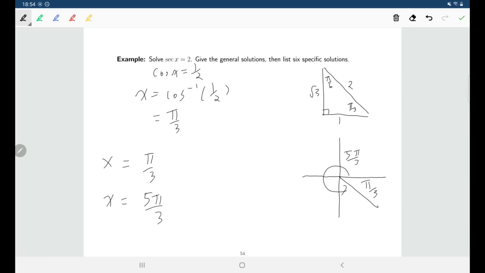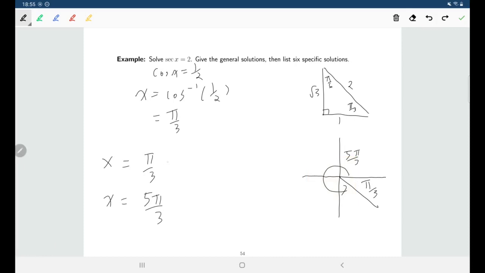And of course, any angle coterminal to these angles would also be a solution. So for example, if we did a full circle and then 5 pi over 3, that would also be a solution. Or two full circles and also 5 pi over 3, that would also be a solution.